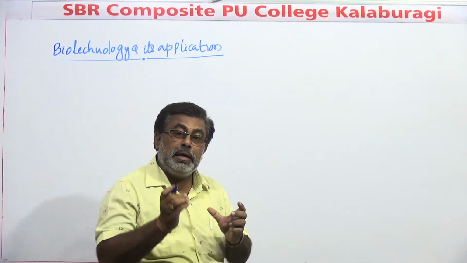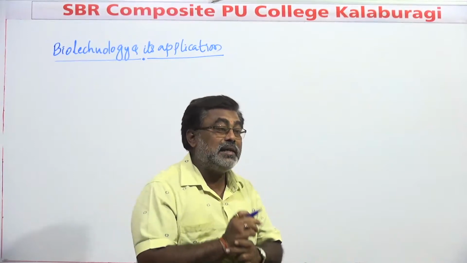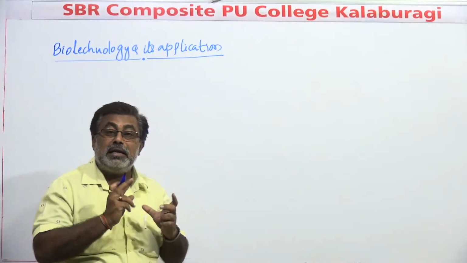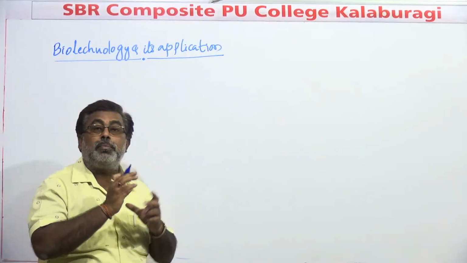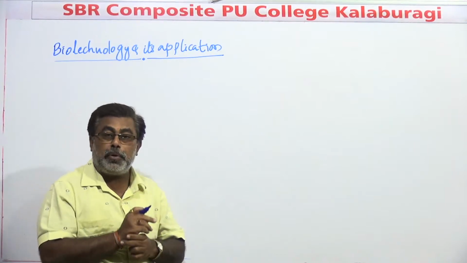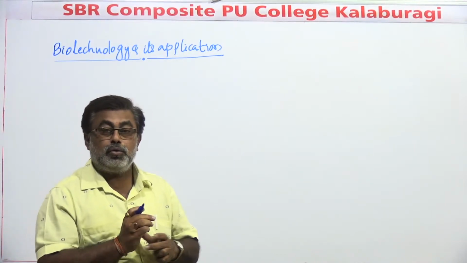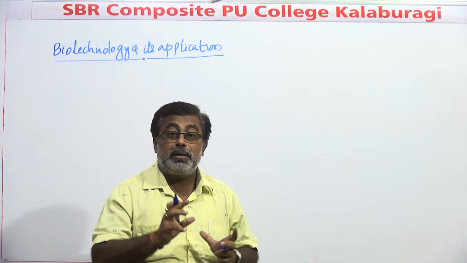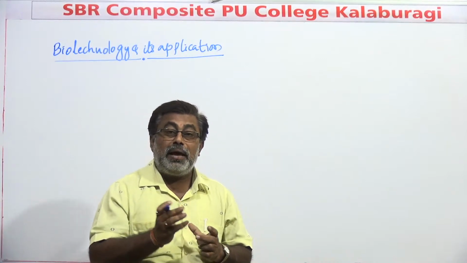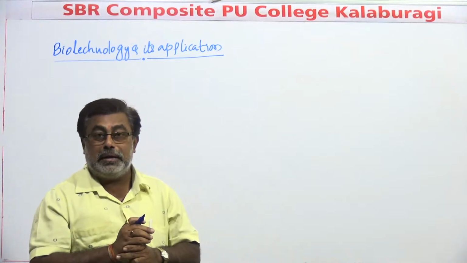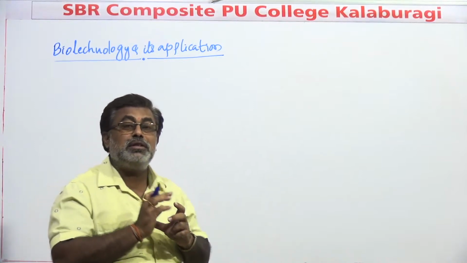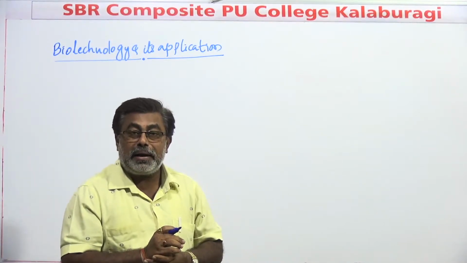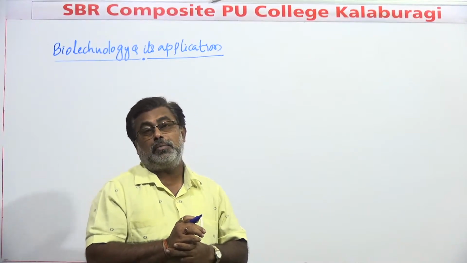In the earlier topic, we studied biotechnology: how it is used to produce bioproducts on a large scale in the industrial setting, how we get the desired product, and what changes we have to make in the organism. All this was studied in the previous topic, biotechnology principles and processes.